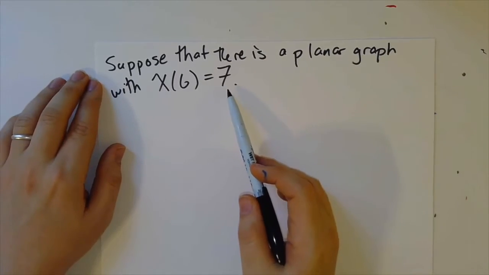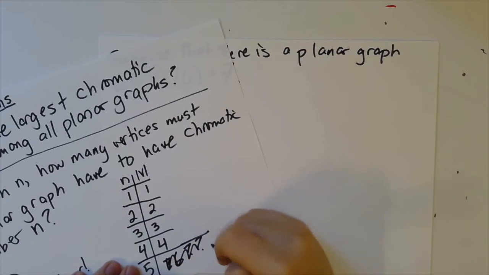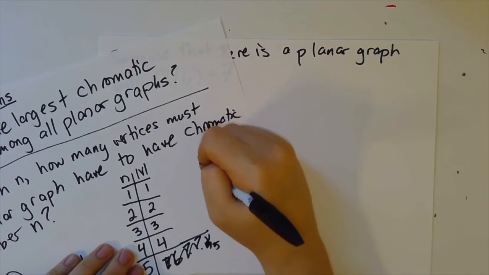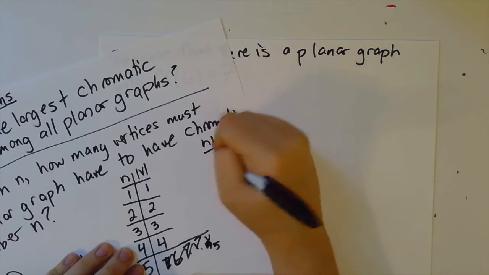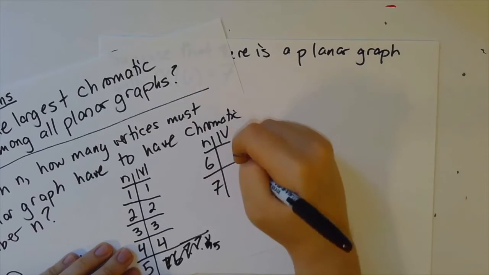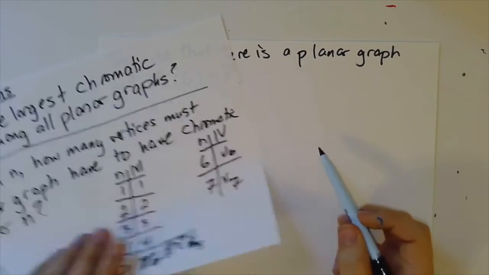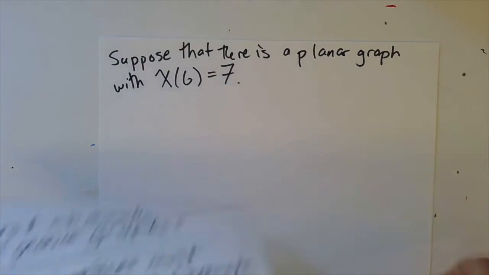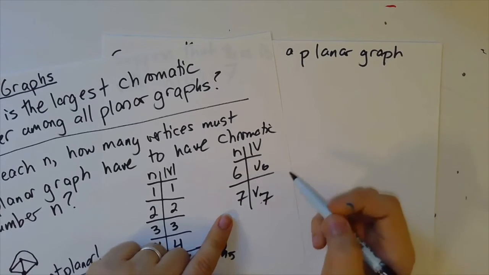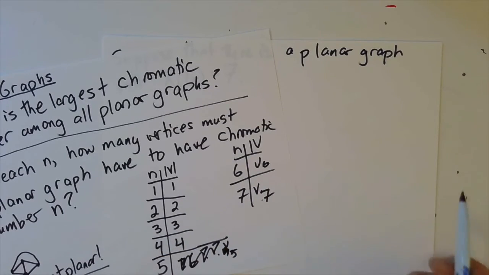Okay. And so there's some chart here, some number. I'm just going to write v5, whatever. And then this chart continues. Okay, size of v6, 7. And then so here's v6, here's v7. Okay. So all I'm assuming here, when I suppose this, is that this v7 is finite. Namely, there is a graph with v7 vertices that has chromatic number 7.